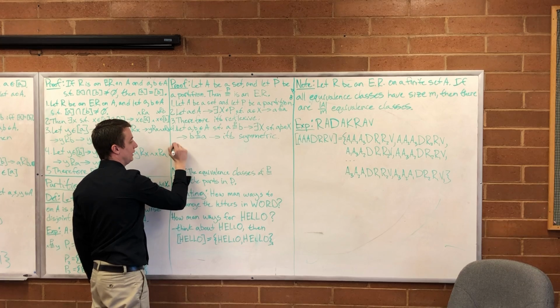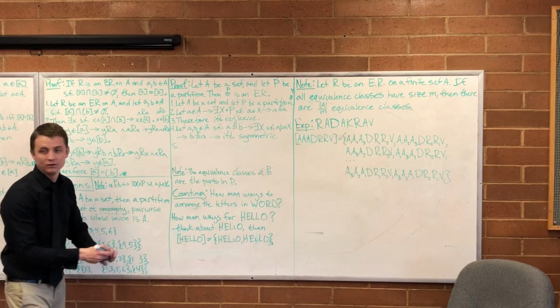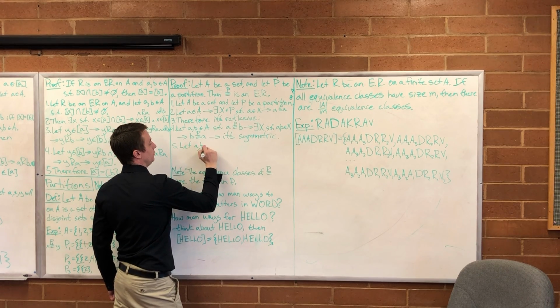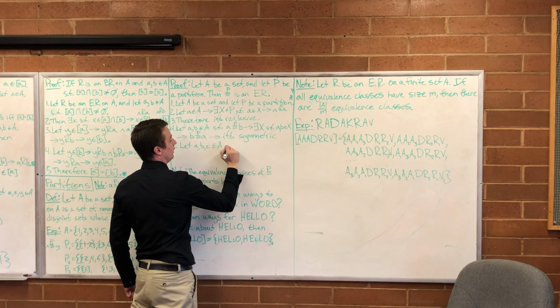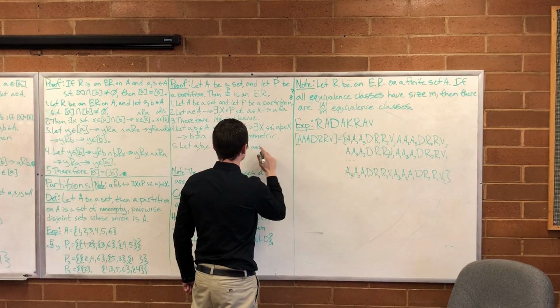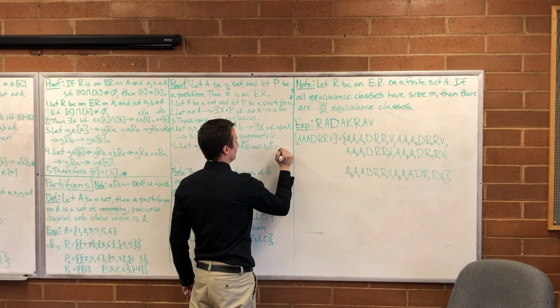Okay, now we need to show it's transitive. How do we show it's transitive? We assume that we have three elements, a, b, and c, such that a is related to b and b is related to c. We need to use that to show a is related to c, and we're done. So let a, b, c be in A such that a is in the same part as b, and b is in the same part as c.